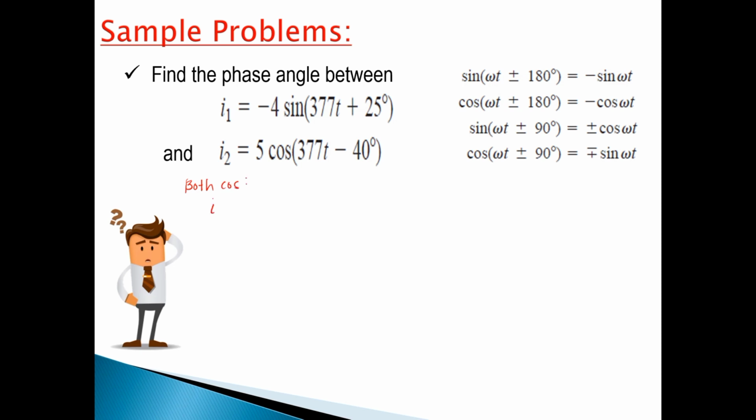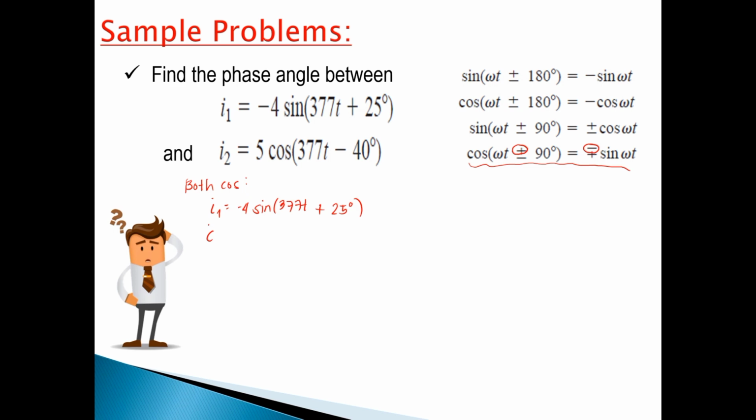I1 equals negative 4 sine of 377t plus 25 degrees. So we have negative 4 sine and we will convert it into cosine. This one, negative sine, we will convert into positive cosine.